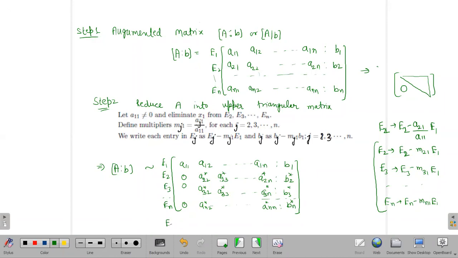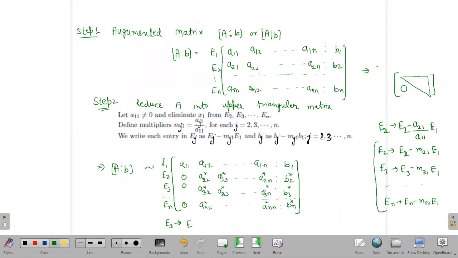I will apply the operation on E3 with the help of E2. So don't use E1 here. After using E1 to make the first column entries 0, don't use E1 to make the third row, second column 0, because these entries will be affected otherwise. So only use the E2 row to make these elements 0.